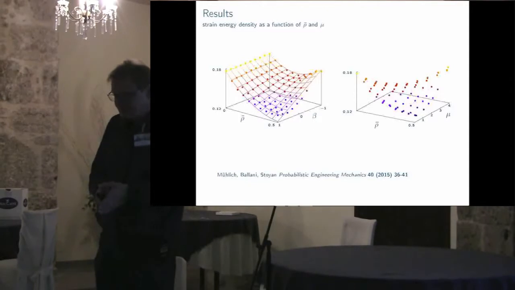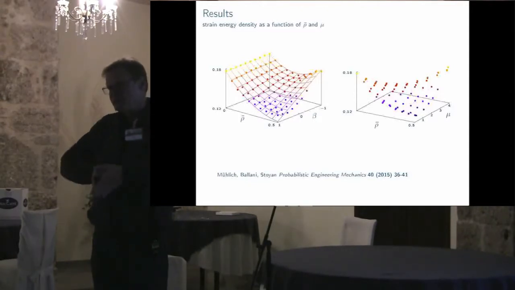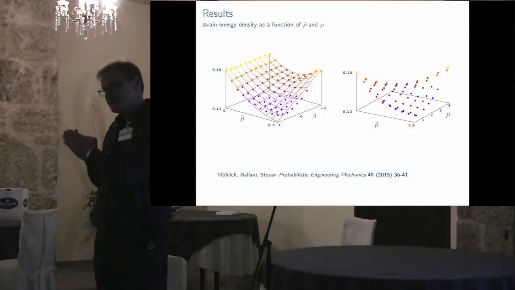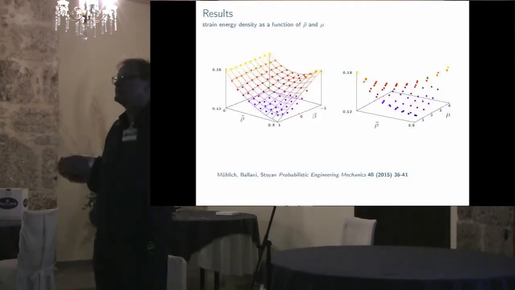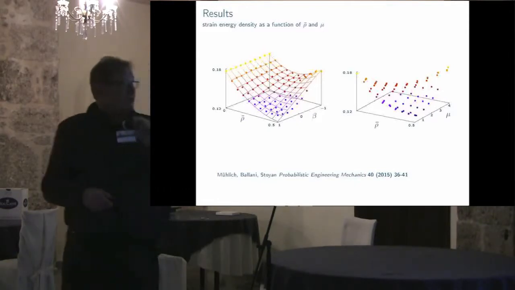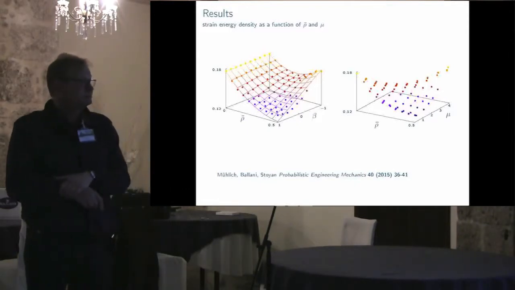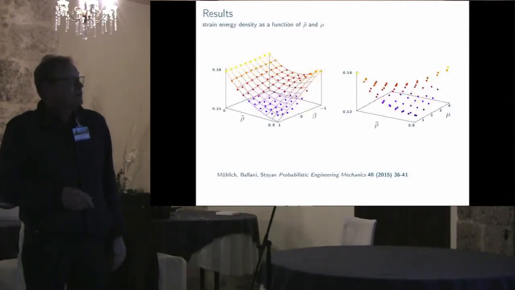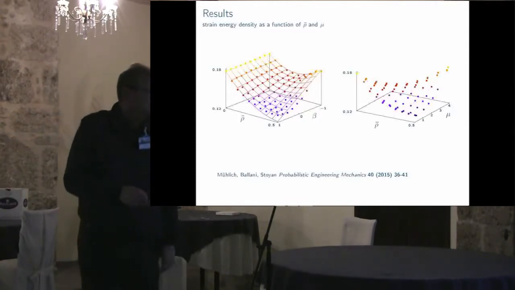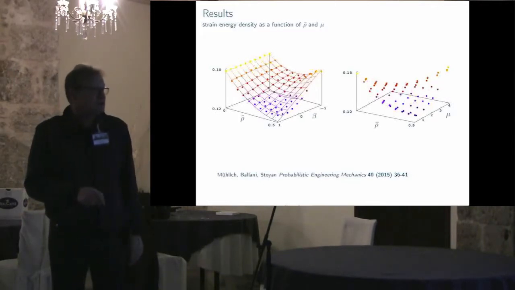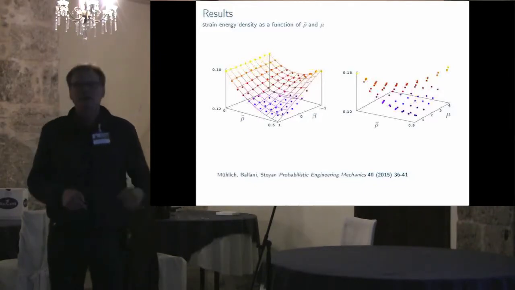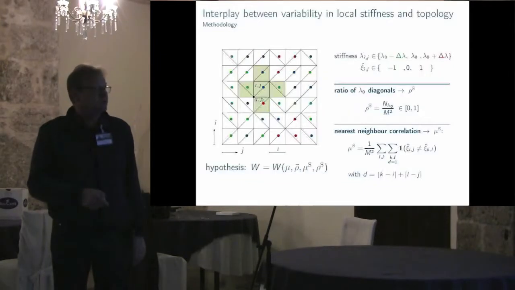The next step would be to plot these results as a function of genuine network parameters, because general networks do not know this regular background structure. I will come back to this point a little bit later. So these results are published already together with two colleagues, as I mentioned before, from Technical University Freiberg, from the stochastic department. And now the question was, how can we proceed?